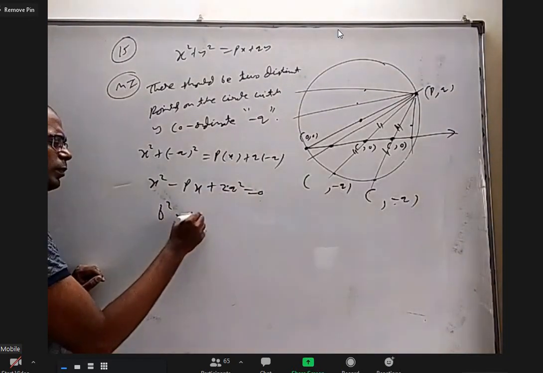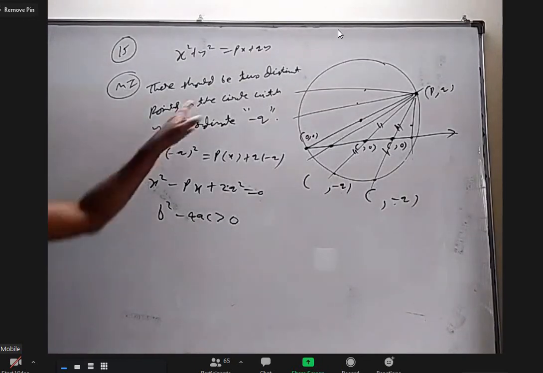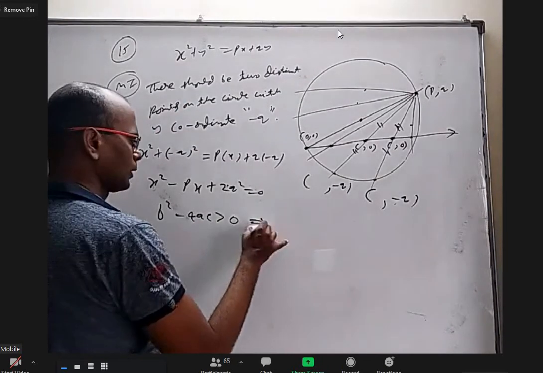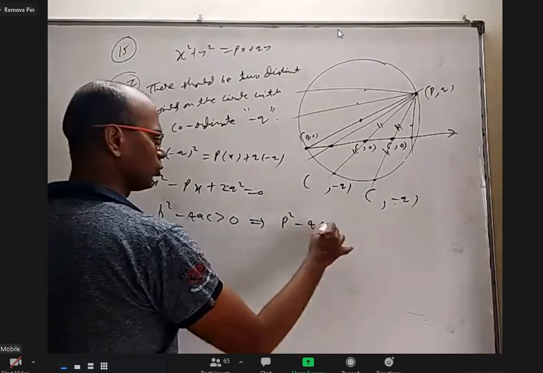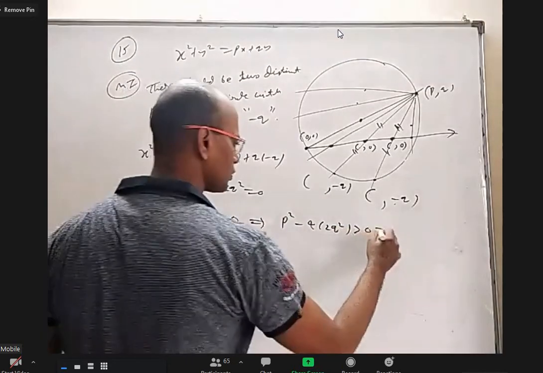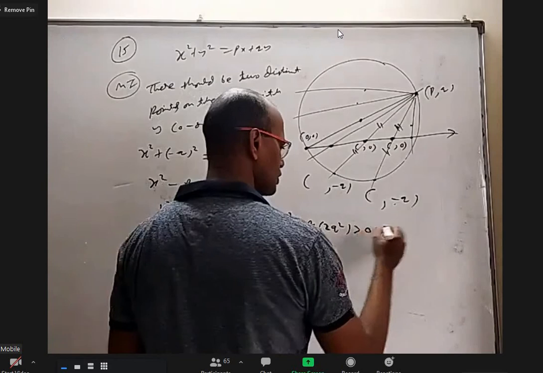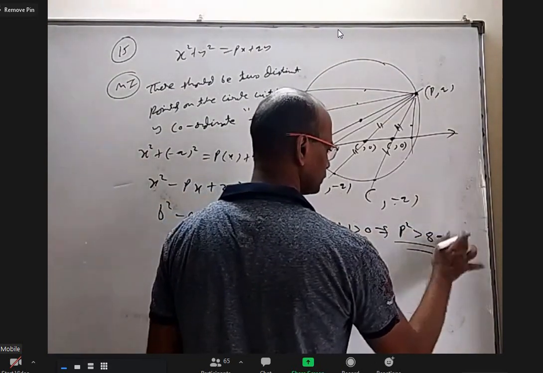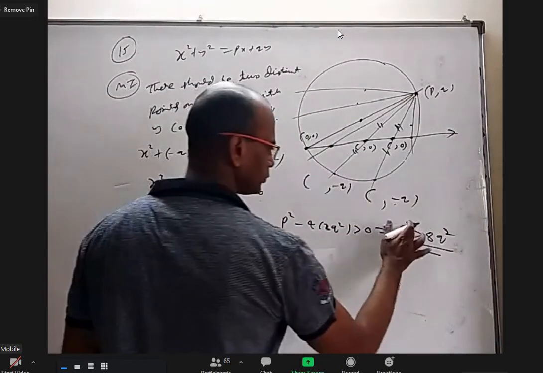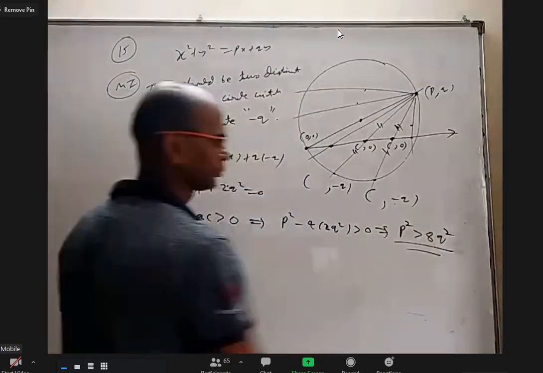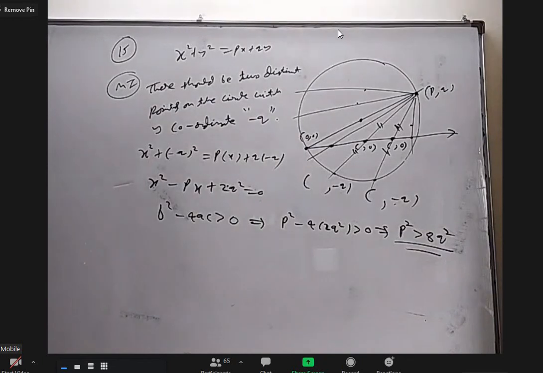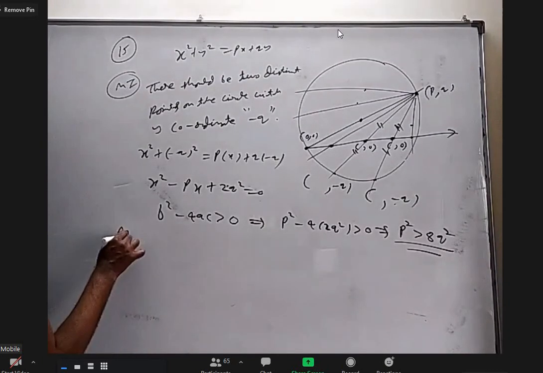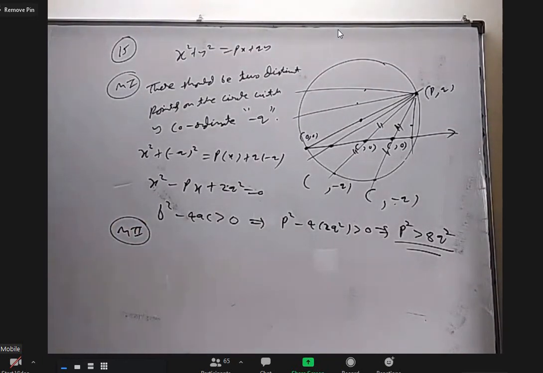For this, b square minus 4ac should be greater than 0 because we want 2 distinct roots. So that is p square minus 4 into 2q square greater than 0, which is p square greater than 8q square. Okay, this is method 1.